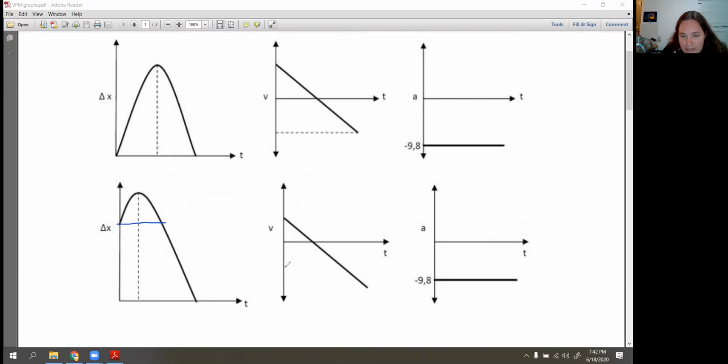Instead of us having to stop at negative V, it continues and ends up hitting the ground. If this were thrown upwards at a velocity of 10 meters per second, randomly making up numbers, it may hit the ground on the way down. It will be traveling at 10 meters per second down as it passes its starting height, which means that it may hit the ground considerably faster, maybe at 30 meters per second, depending on how far down it has to fall.